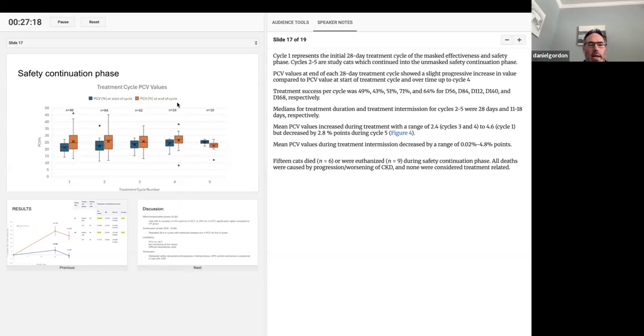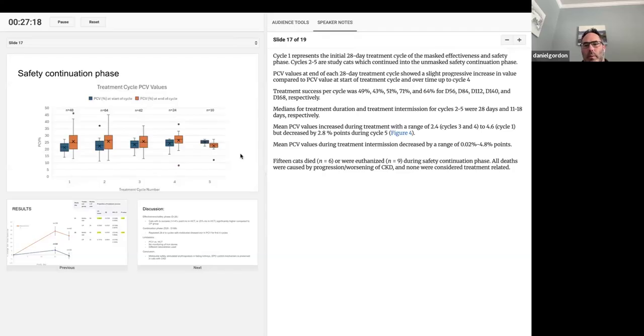When you look back at the flow chart, they lost about 50% of their patients. They went from 64 down to about 30 total through that continuation phase, ultimately left off with 10 cats at the end of that 6-month period.